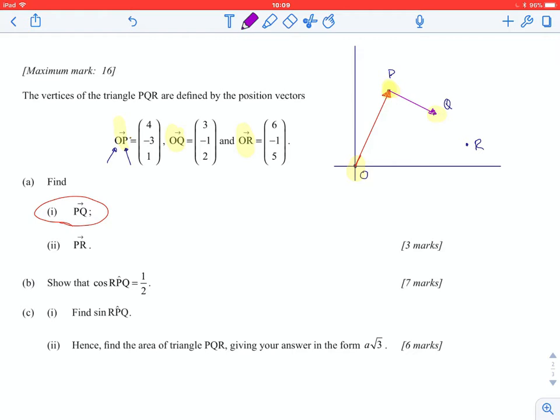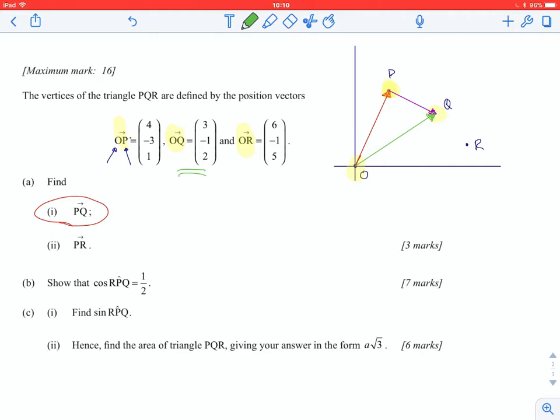Now, one other thing that I'll point out in order to get there is that vector OQ is one of the given bits of information. So vector OQ looks like this, again, with the arrow drawn that way. The way that we can find vector PQ is by looking at this diagram and remembering how we add vectors graphically. You'll notice that the vector OP is kind of our starting point.